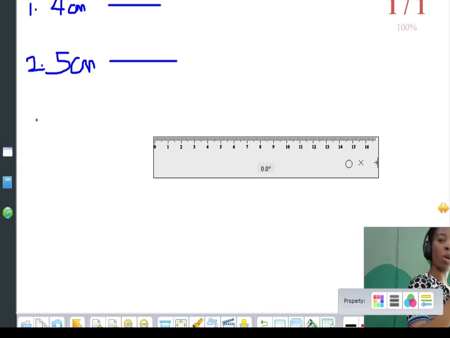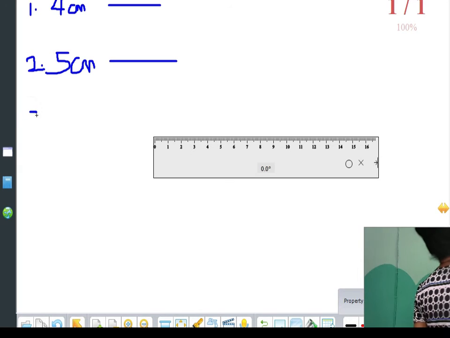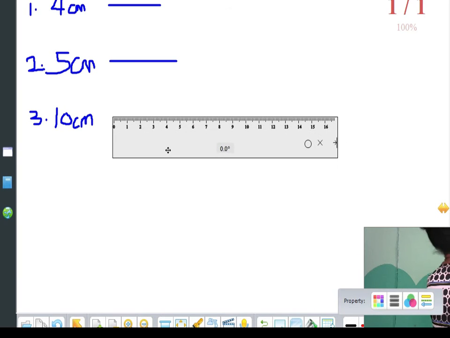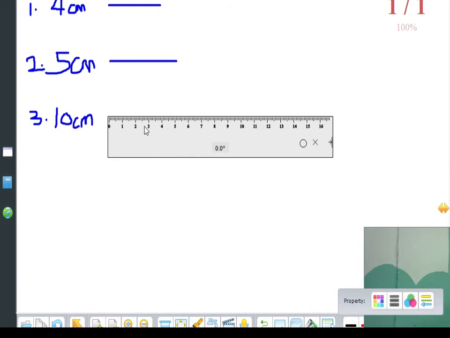And the last one that you're going to do is number 3. You're going to take this time 10 centimeters. Here we go. 10 centimeters. So once again, like the other times, pick up your ruler. I keep it fixed.